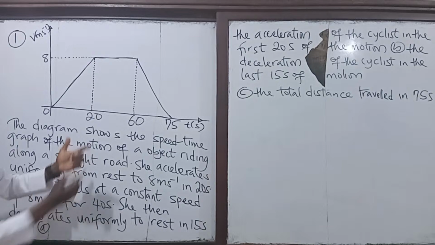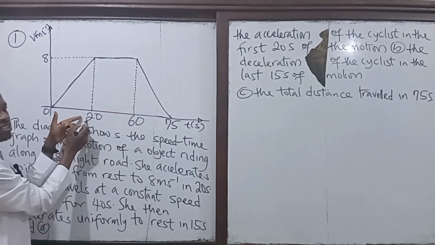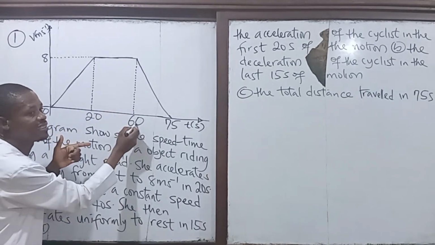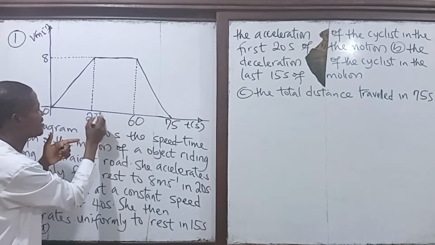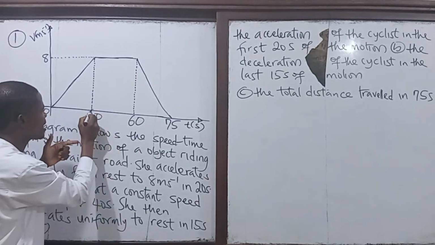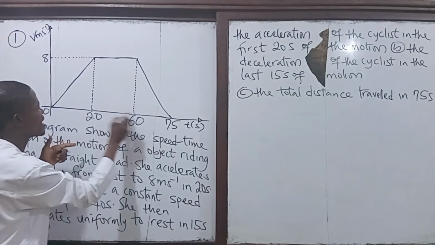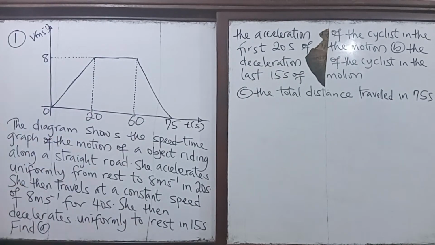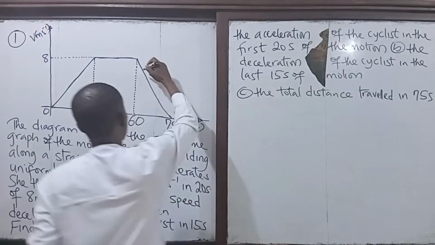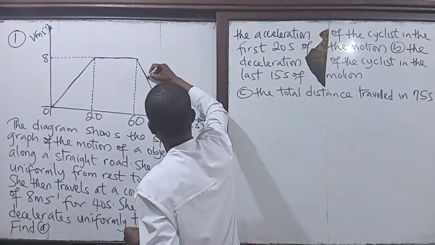So 40 plus the first 20 will give you 60. That 40 is the interval from here to here. Then the body is coming to rest.